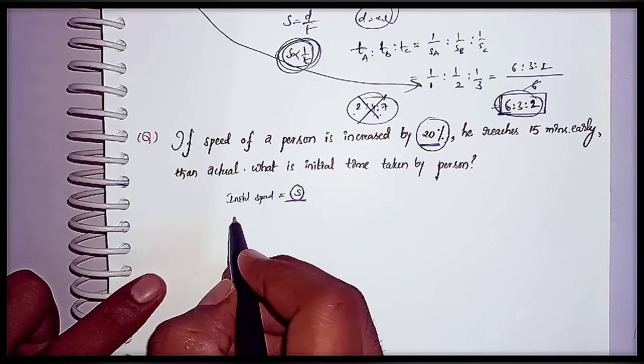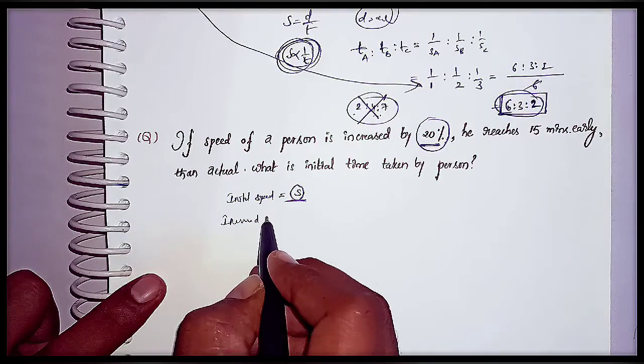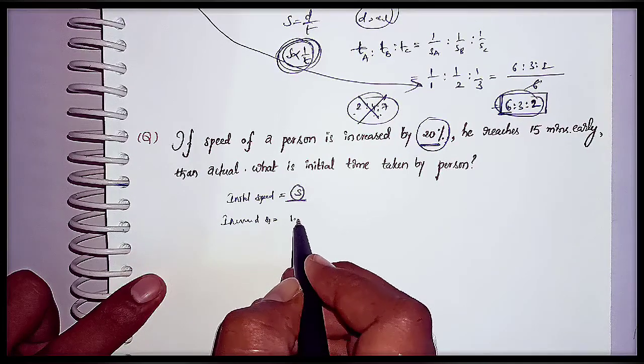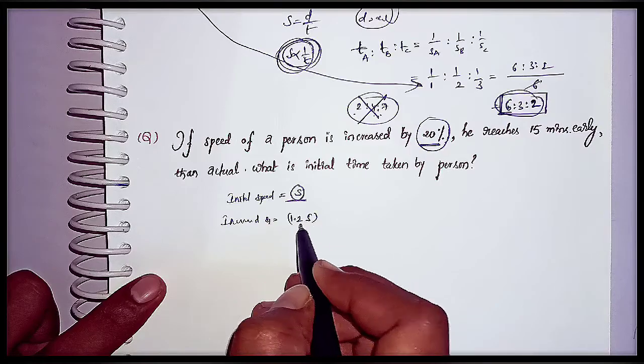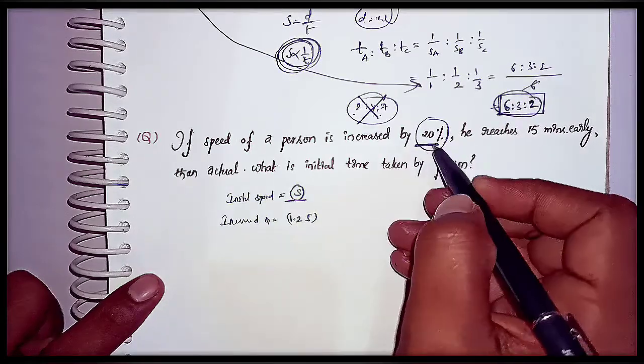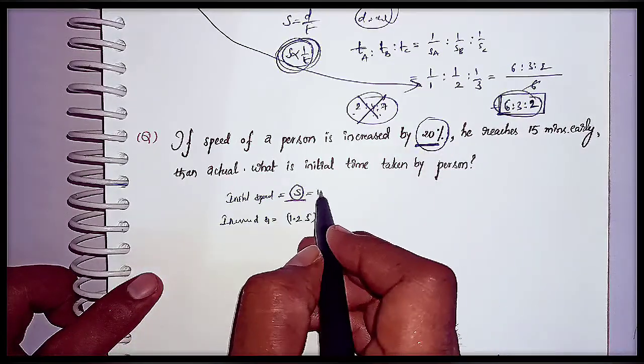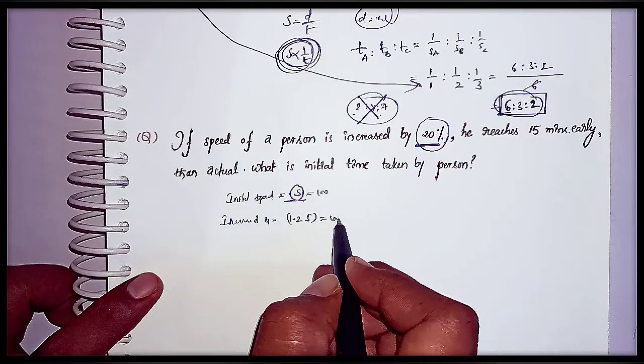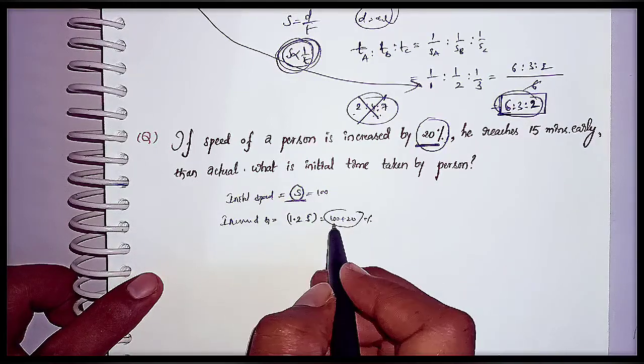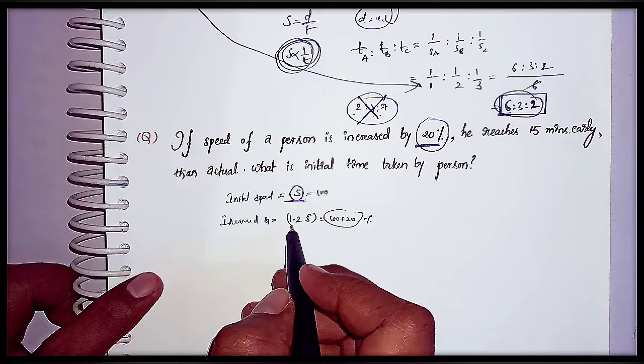After some time the increased speed is 1.2 s, because he is increasing by 20%. This is total 100%, 100 plus 20, that is 120%, and 120% is nothing but 1.2.